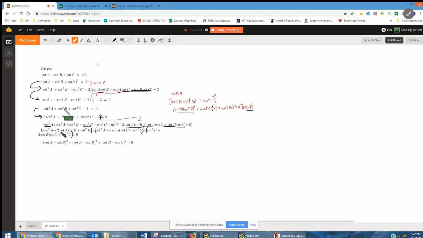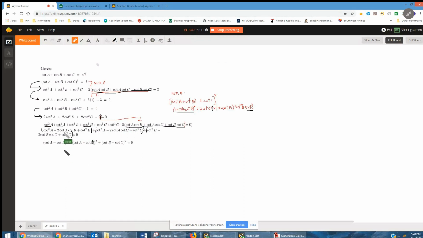And each of those expressions in parentheses are actually perfect square trinomials. So I can write that first one as cotangent A minus cotangent B, the quantity squared. Similarly, whoops, this should have been a C here. And cotangent B minus cotangent C squared.